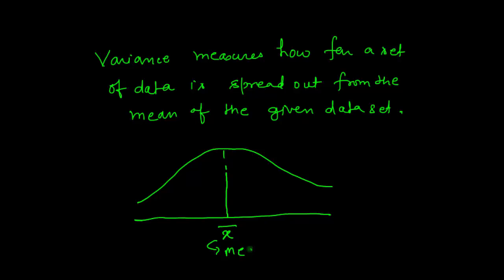Suppose all the data are spread out in this distribution like this. So what does variance do? Variance measures how this set of data is spread out from the mean of the given data set.